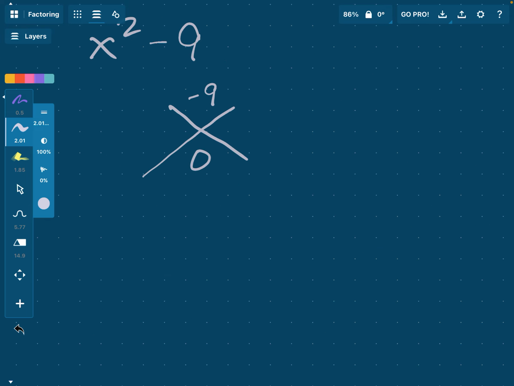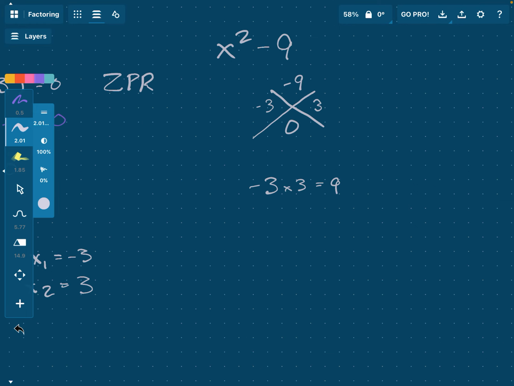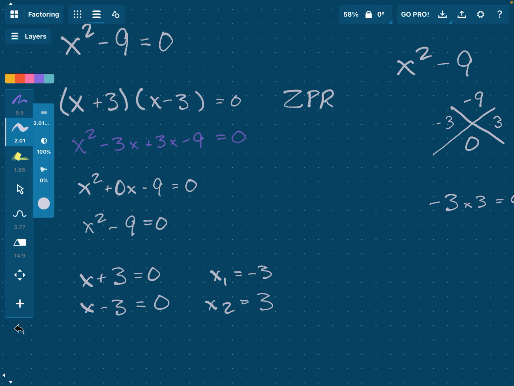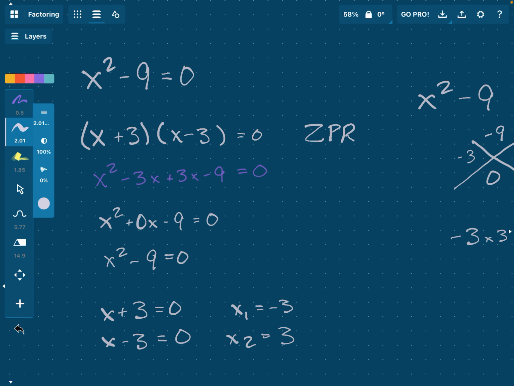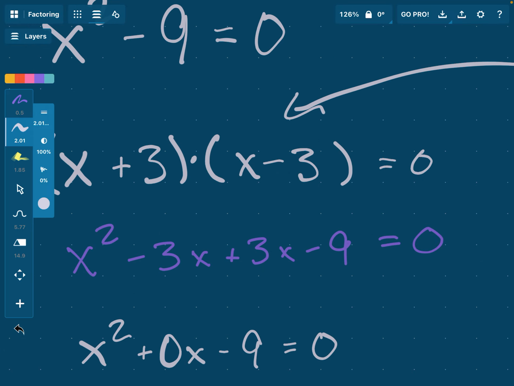And then what two numbers multiply to negative 9 and add to 0? So obviously this is going to be negative 3 and 3. Because these are also the same, they're going to add to 0. And then that gets us back to the starting point, where now we can use these binomials to solve the problem.